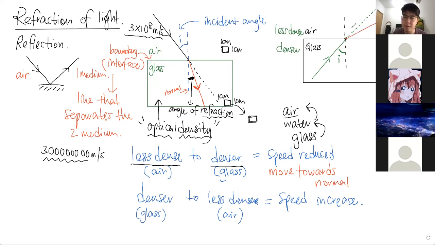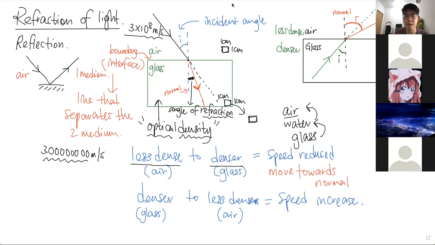This is the path that it should have taken, but because of the bending, it will take this path away from the normal. So the angle of refraction, be careful: it's not the angle here, it's all the way to the normal here. R is the refraction angle.